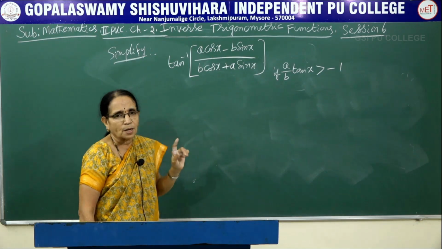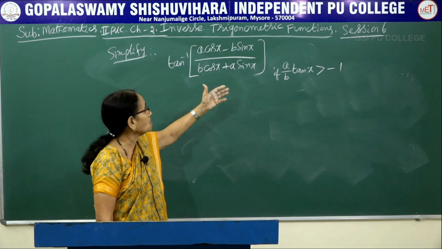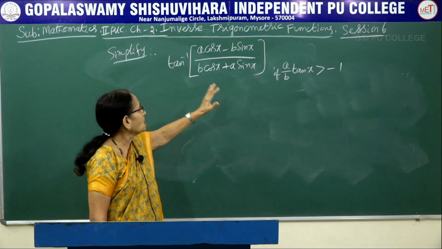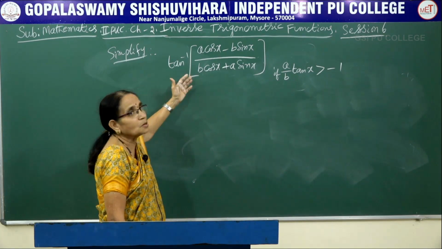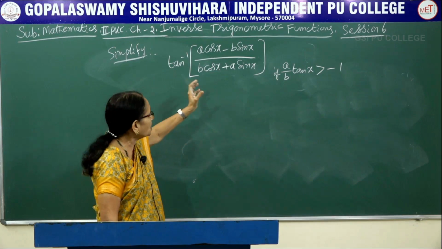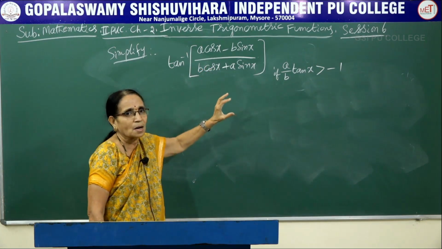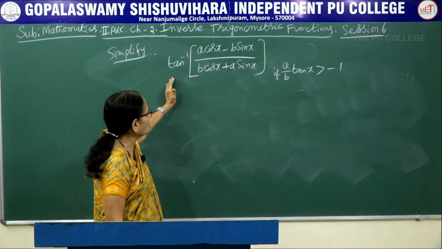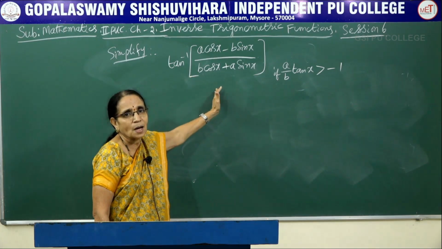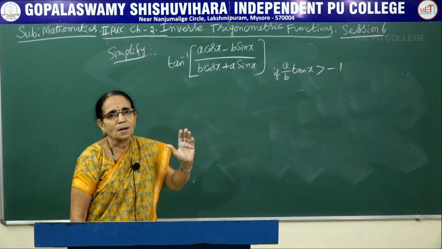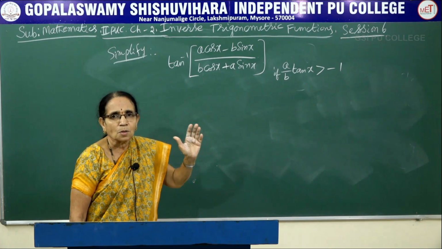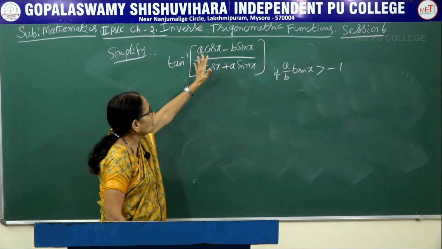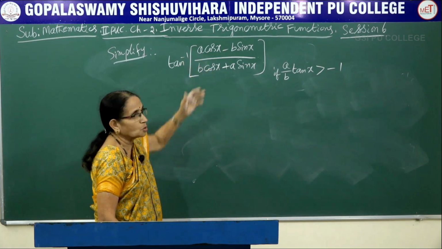Now, look at the function. In the problems on inverse trigonometric function, if the outside function is some inverse, tan inverse or sin inverse, try to write the function inside the bracket as the trigonometric function of the same type. Here tan inverse is given, so try to express in terms of tan, so that you can make use of the result tan inverse of tan theta is equal to theta. Now here everything is in terms of either sine or cosine.